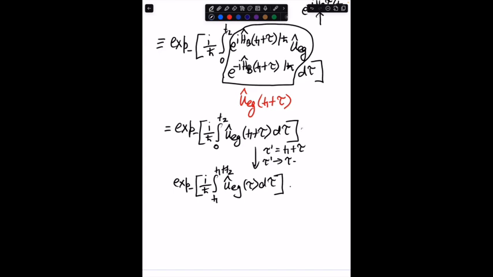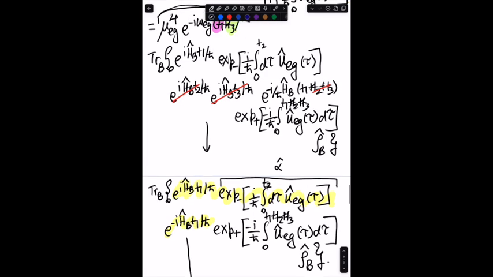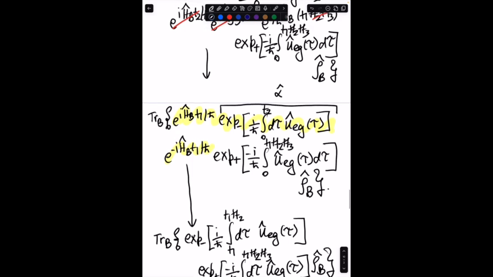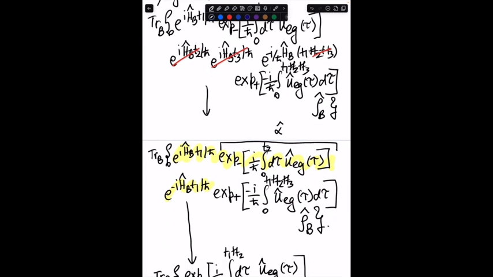So this is how you mathematically and rigorously prove that this term, not the term which I've denoted by alpha, but essentially this entire thing highlighted in yellow, this full term, is simply equivalent to the negative time ordered exponential from t1 to t1 plus t2.